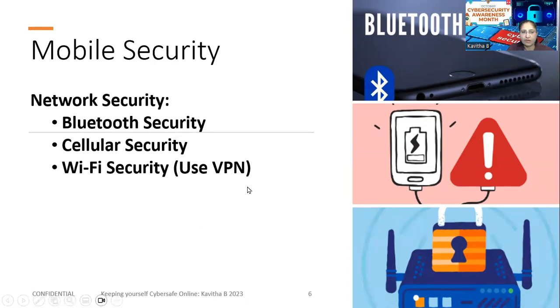Just be careful about which cellular connection you are using. For Wi-Fi security, it's better to use a VPN, because this will take care of transmission security and will also mask your IP address. Also be careful about which Wi-Fi connection you're connecting to.